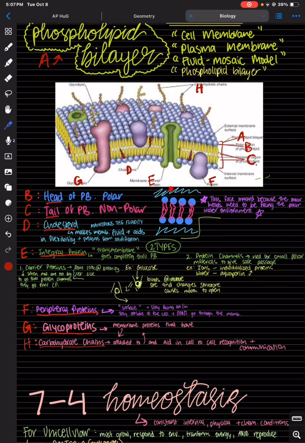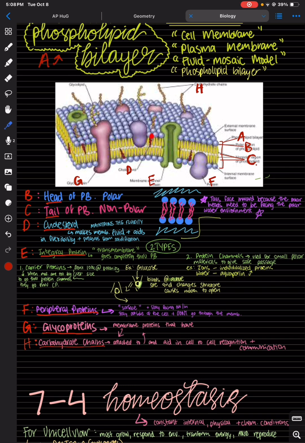So this whole area where I'm pointing is non-polar, and we'll talk about that later, why that's important.